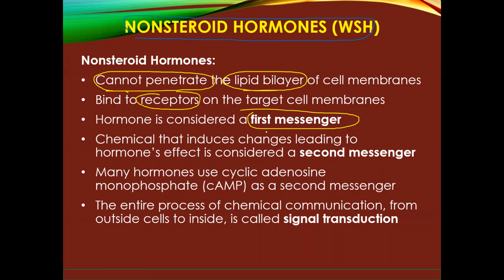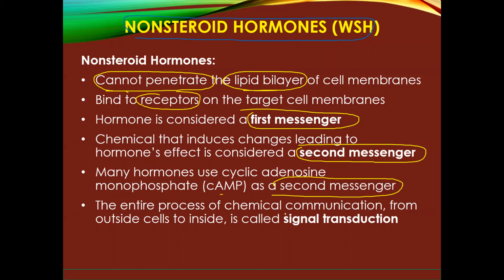And then this binding of first messenger or hormones with the receptor will cause the production of the second messenger. Mostly the second messenger is the cAMP, cyclic adenosine monophosphate, and this is acting as the second messenger.